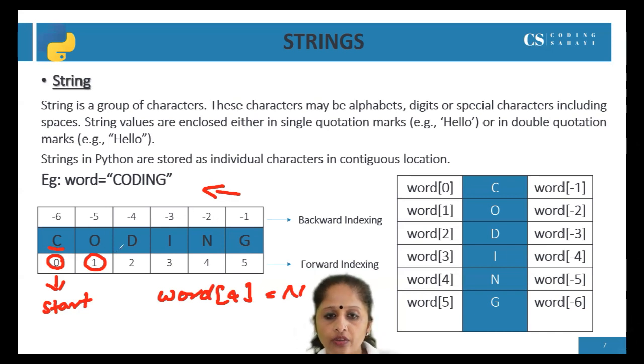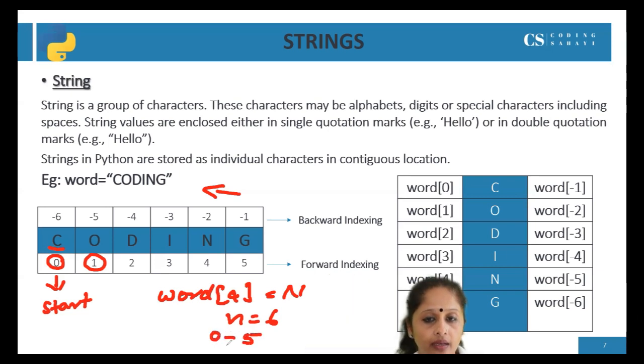Forward indexing starts from 0 up to n-1, where n is 6, so it is 0 to 5. Backward indexing is -1 to -6.